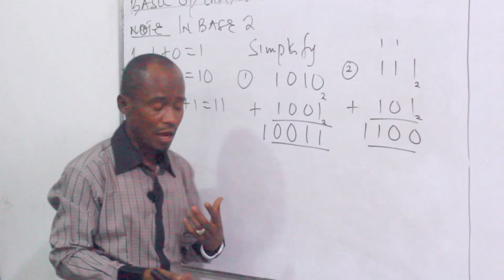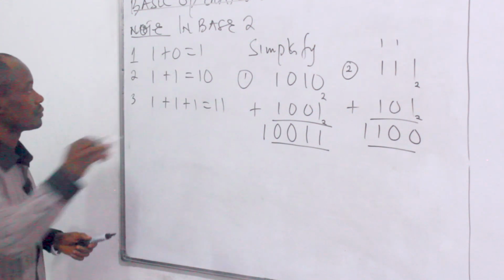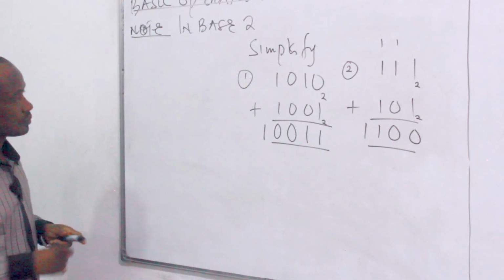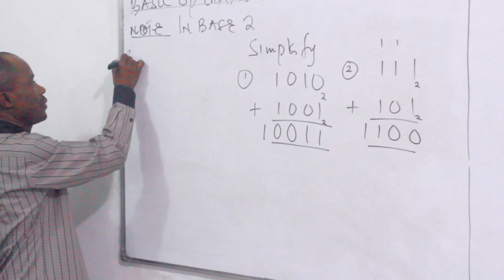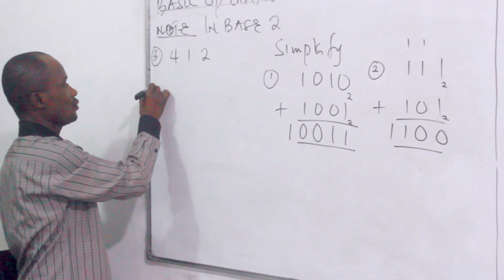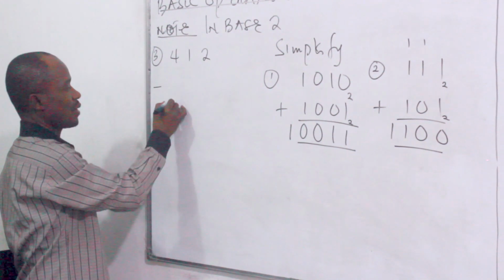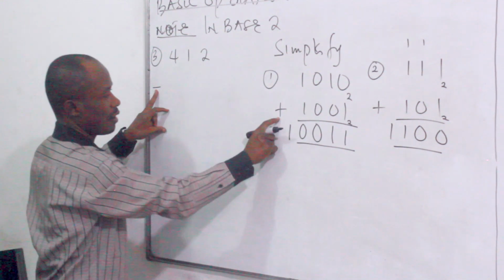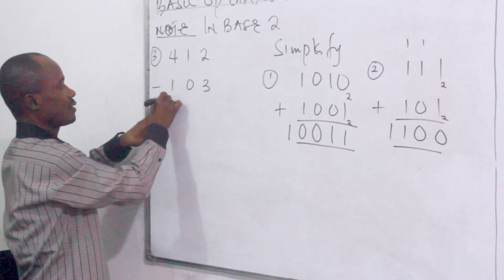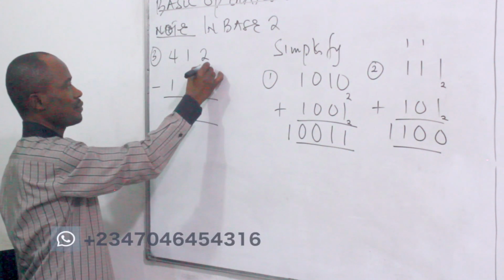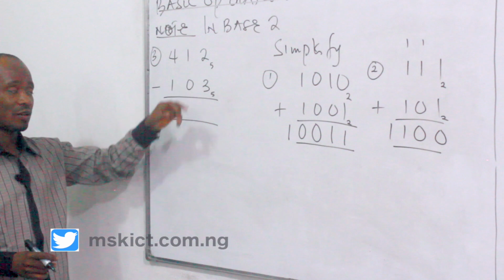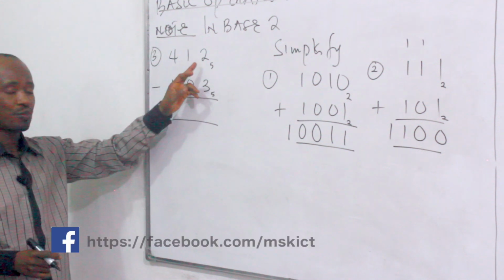Some have other bases, for example, example 3. Suppose we have 412 minus 103. This time around, we have the operator negative sign. One will be wondering, suppose this is in base 5, this is equal in base 5. So this is not just 412, no, this is 412 in base 5 because of the base.